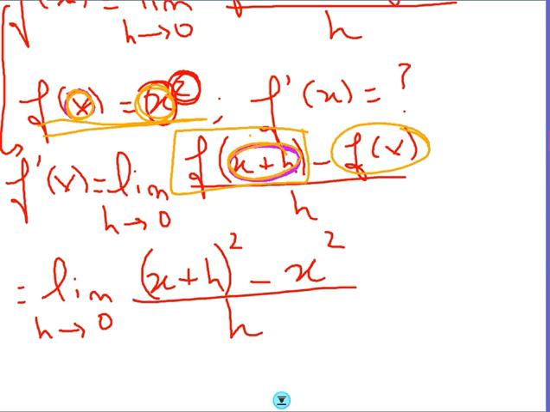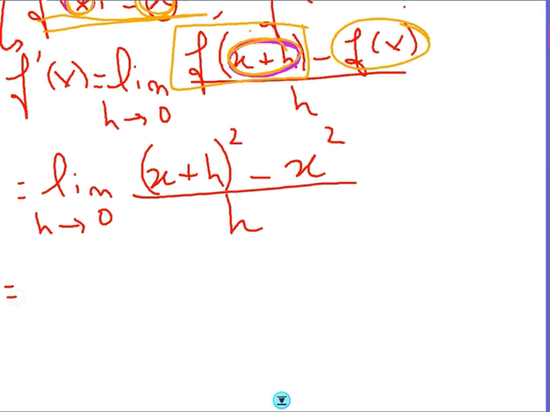Now you just distribute, so it equals the limit as h tends to 0. Now x plus h squared is of the form a plus b squared, which is a squared plus 2ab plus b squared. It's an identity.